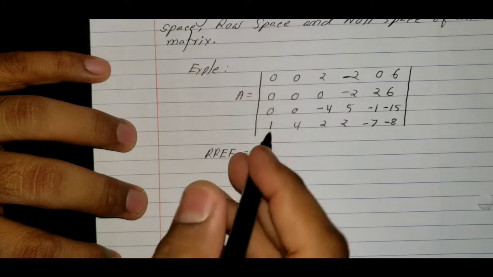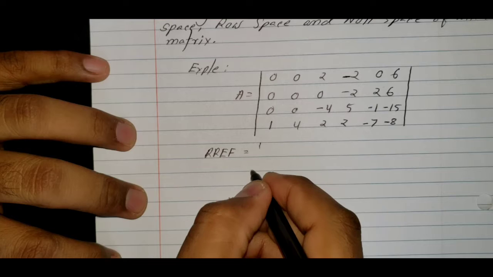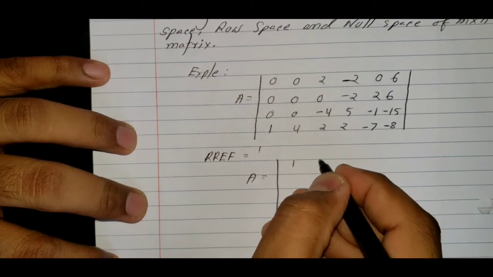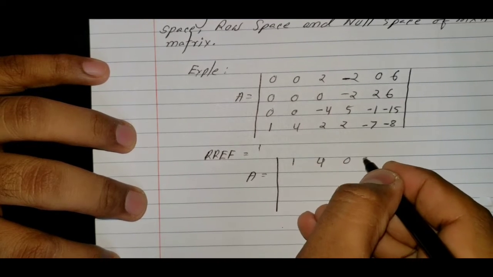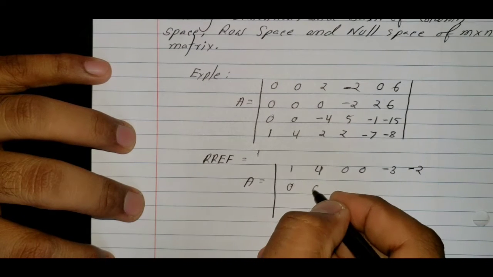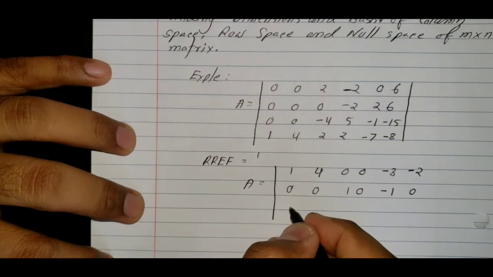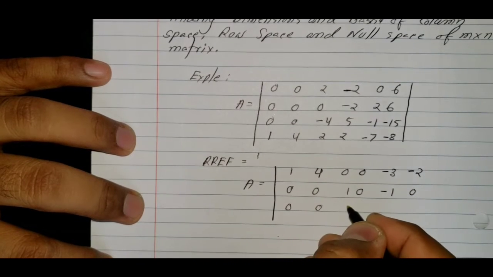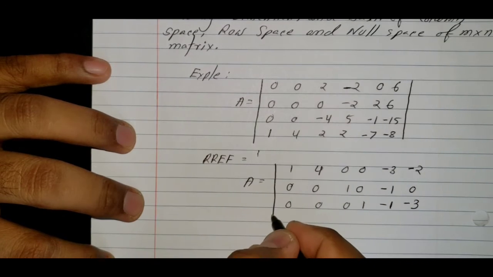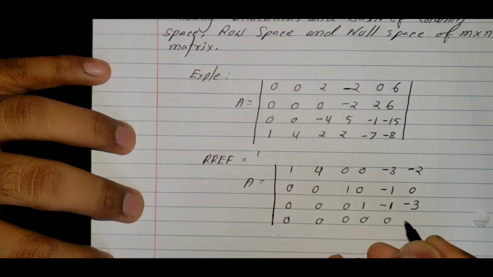Now, if we do that, you'll find that the reduced row echelon form of matrix A is: 1, 4, 0, 0, -3, -2; 0, 0, 1, 0, -1, 0; 0, 0, 0, 1, -1, -3; and 0, 0, 0, 0, 0, 0.